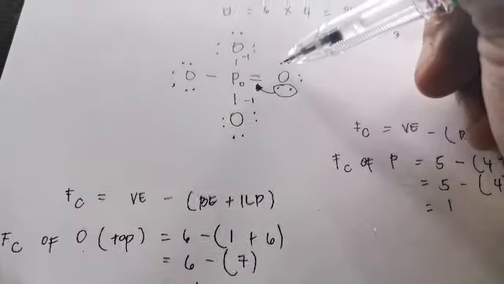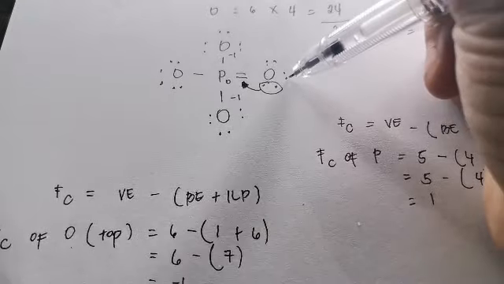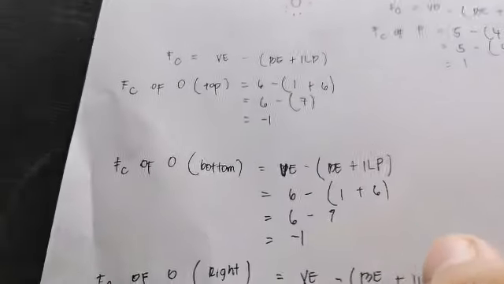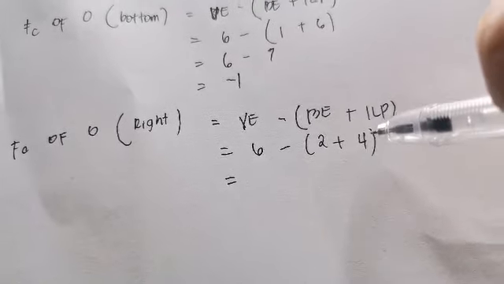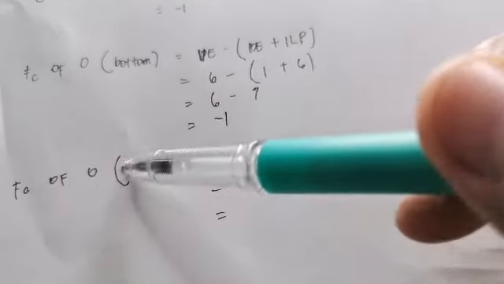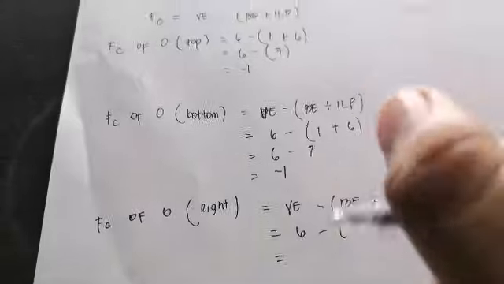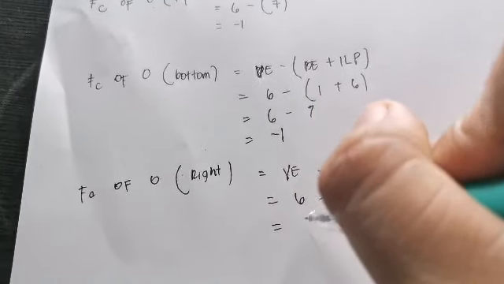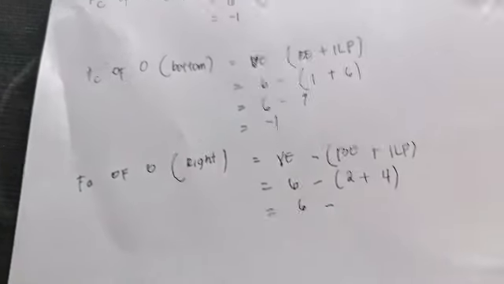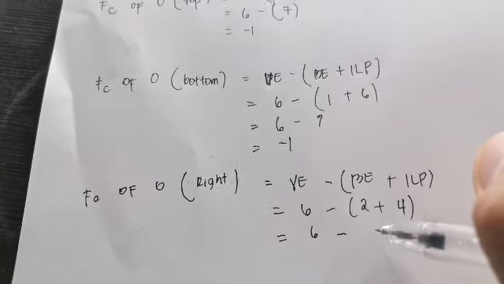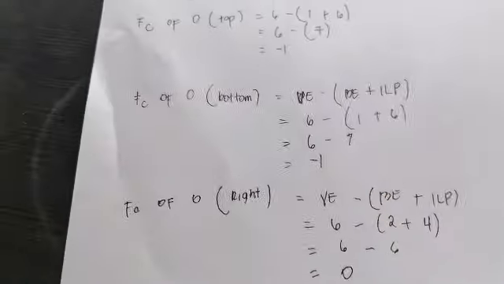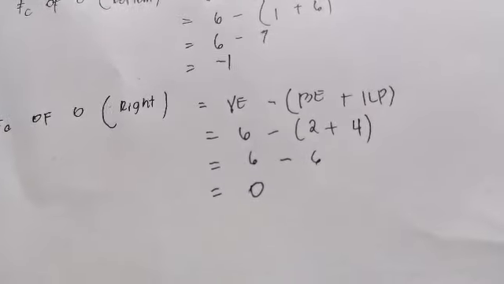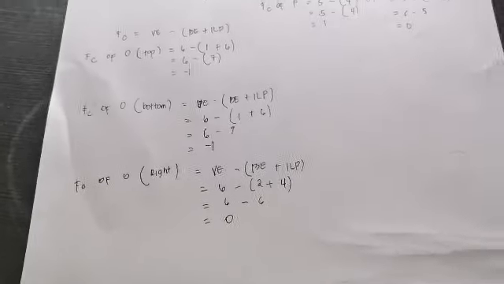So again, 1, 2, 3, 4. So, dyan po natin kinuha si 4 na nilagay natin dito as individual lone pair of right oxygen. So, next, do the operation. So, you have 6 minus 2 plus 4, you have 6. So, 6 minus 6, you have 0. Okay. You have now 0. So, tapos na po natin si right.